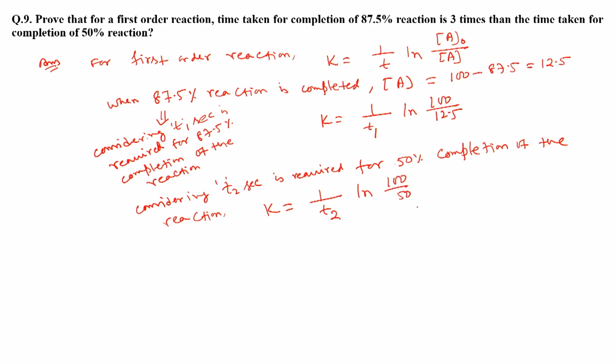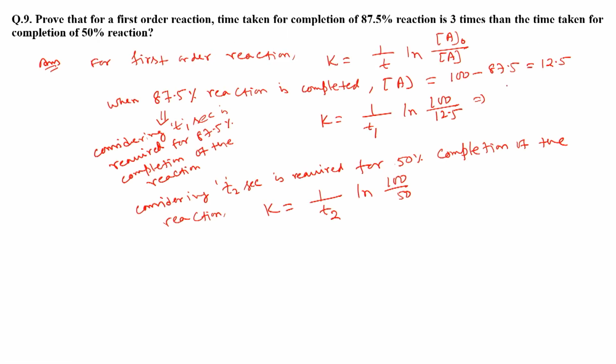If we divide, from there we actually get T1 is 1 by K ln 100 by 12.5, which gives you ln 8 basically. This is ln 8. And from here we get T2 is 1 by K ln 2.